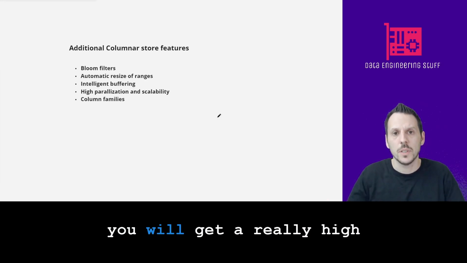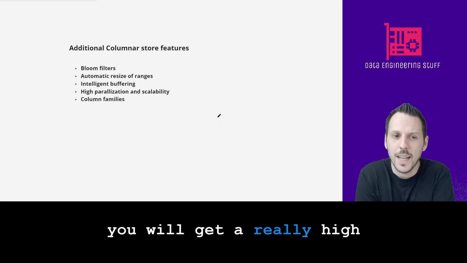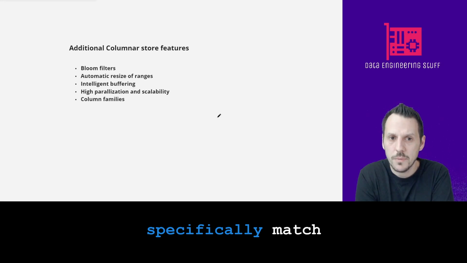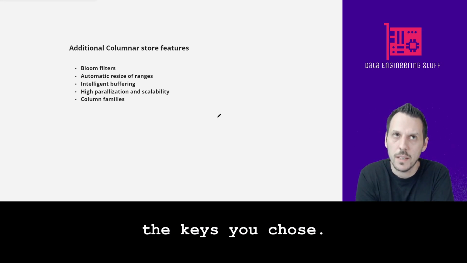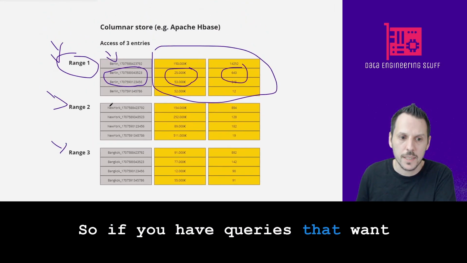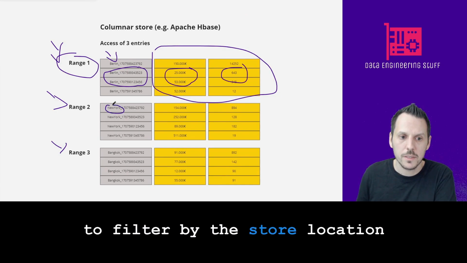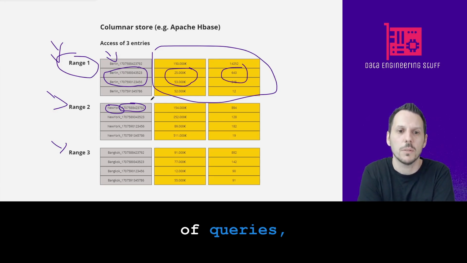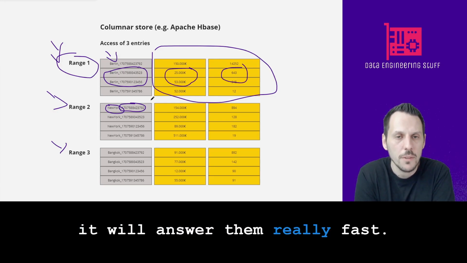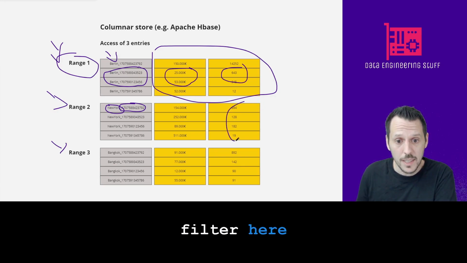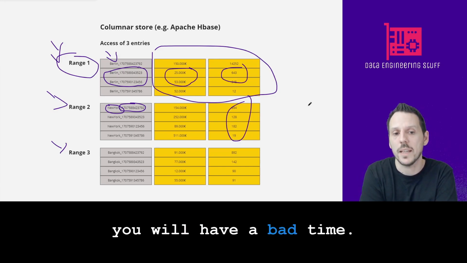And you will get really high performance with the columnar store for queries that specifically match the keys you chose. So if you have queries that want to filter by the store location and the time, it will answer them really fast. But if you want to, for example, filter here, you will have a bad time.